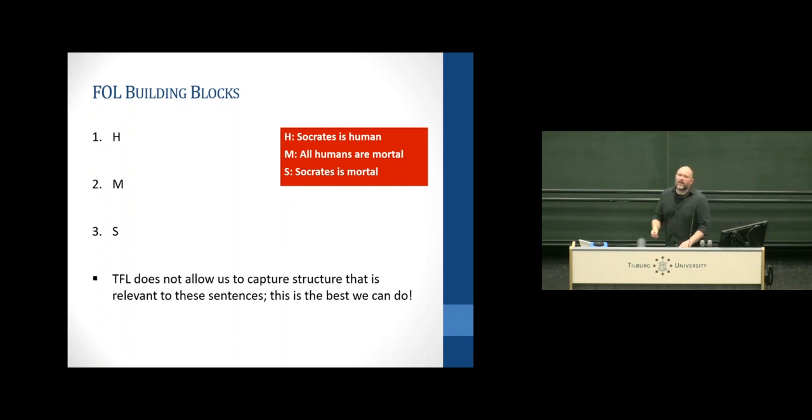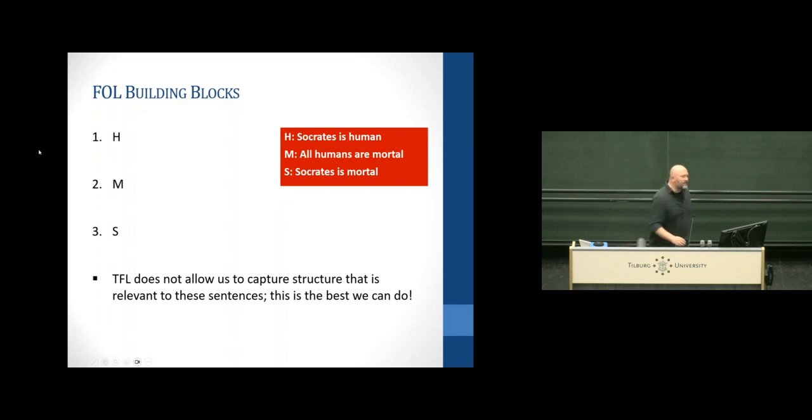But that's okay, right? TFL doesn't show us this argument's valid because TFL is a blunt instrument. It's really good most of the time, but sometimes you need finer tools. And that's what FOL is. FOL is a finer tool.